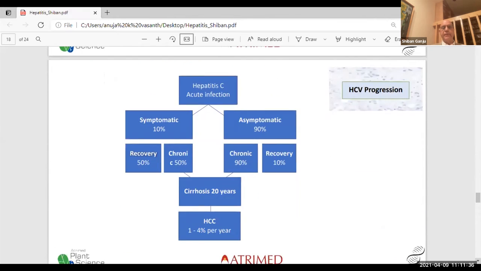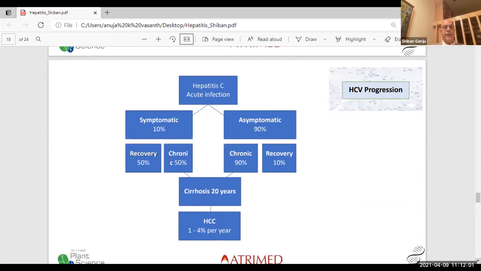This is again a graphic diagram showing that with hepatitis C, most of the people are asymptomatic. You don't even diagnose it as symptomatic hepatitis C because it's a mild disease and nobody notices it and it just goes away. Of the asymptomatic people, 90% become chronic and 10% recover.